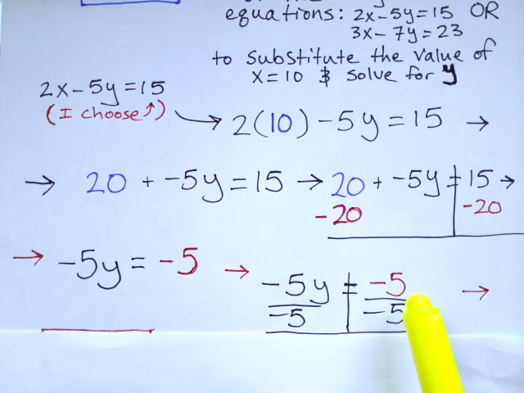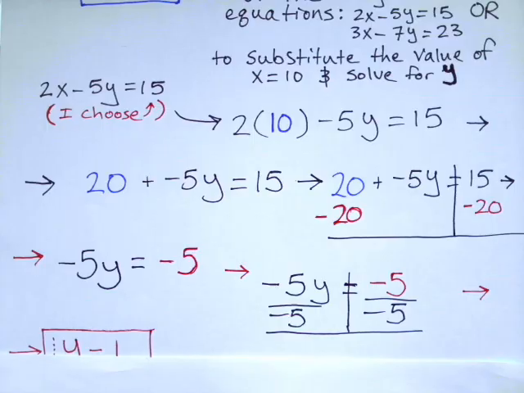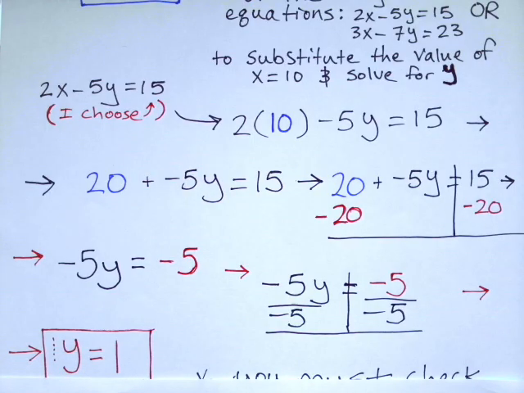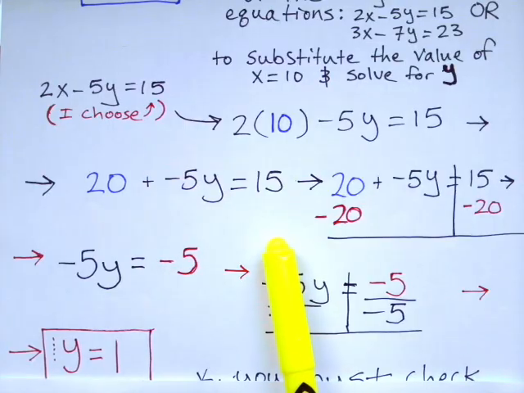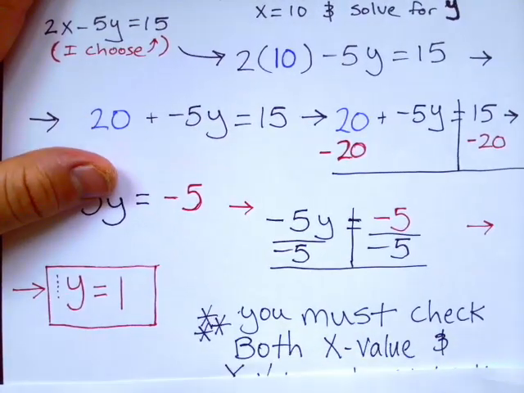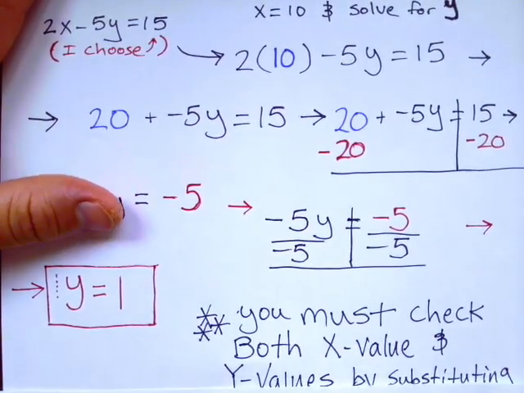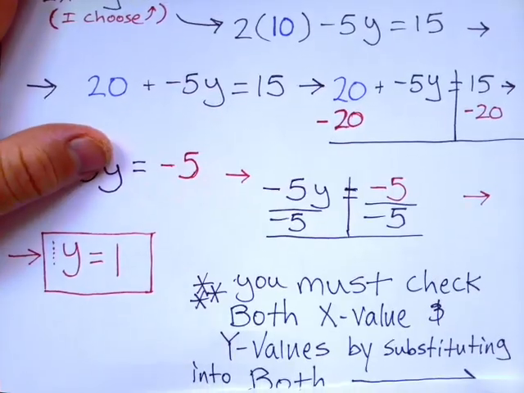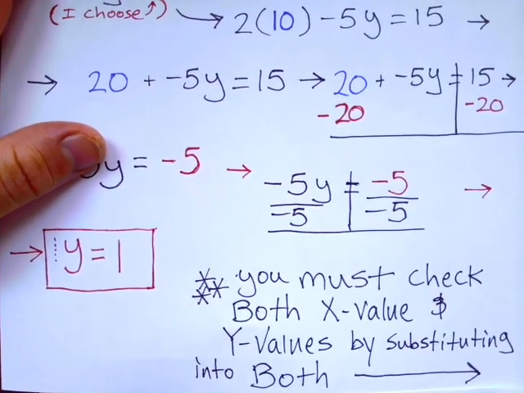So you can see here the negative 5 turned into a positive invisible 1. y equals positive 1. Now, we know x equals 10 and y equals positive 1, but guess what?